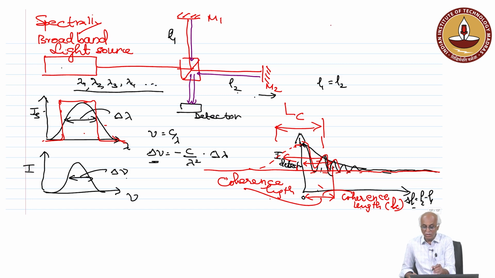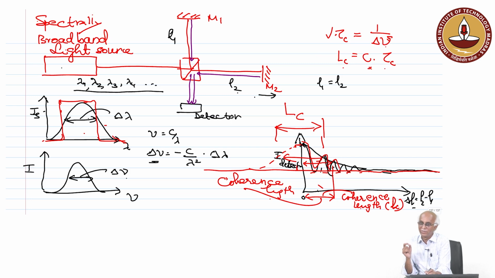In general, based on the Fourier transform, if you take the spectral width in terms of frequency as delta nu, then the coherence time tau c is given by 1 upon delta nu, and the coherence length is the speed of light times tau c.